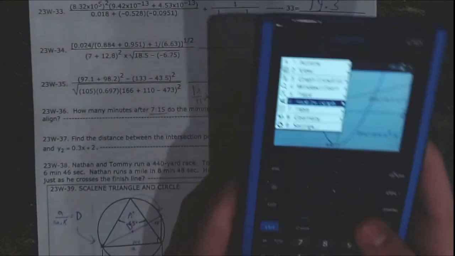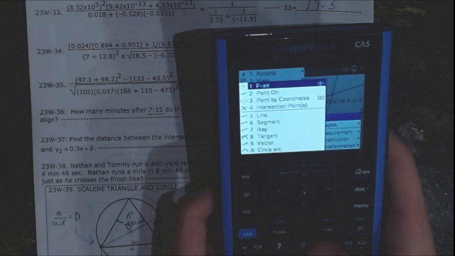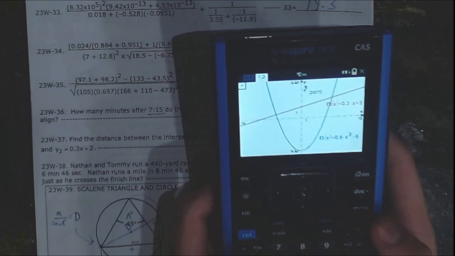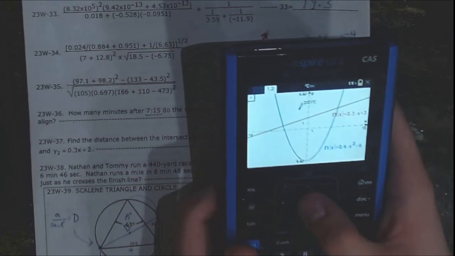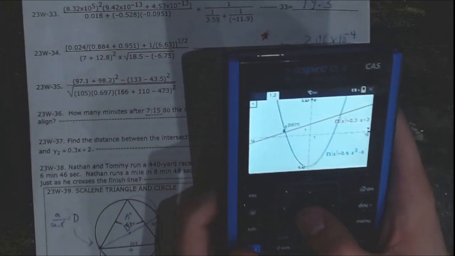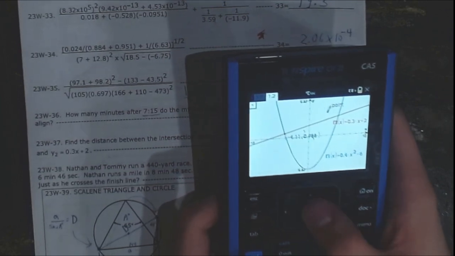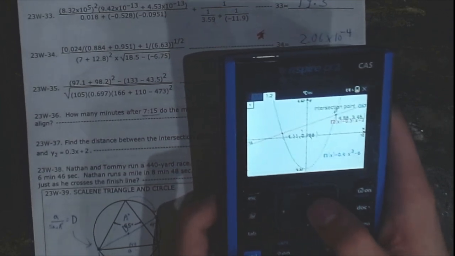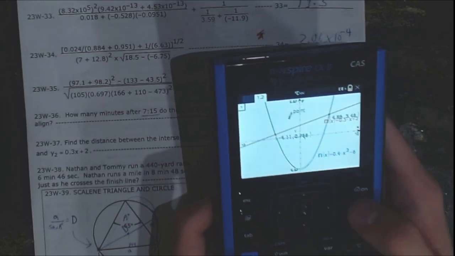So I'm going to go to Menu, Geometry, Points and Lines, and Point, or just Menu 811. And so I'm going to plot a point on each of these intersection points. So here it says intersection points, I plot it. I go to the second intersection point, wait till it says intersection point, and then I plot it.